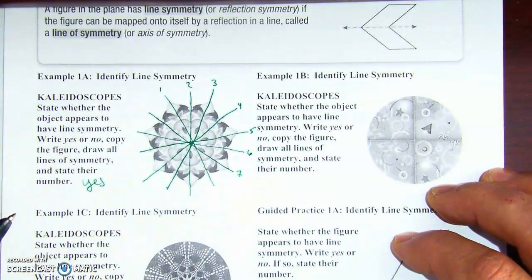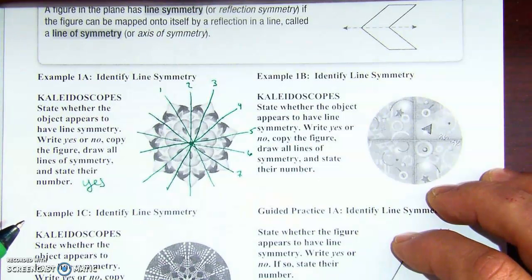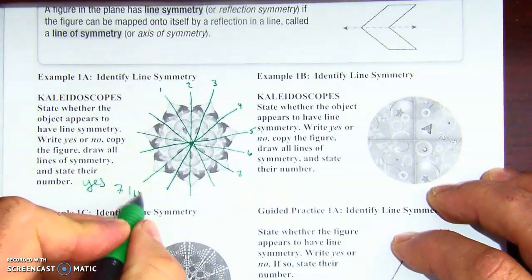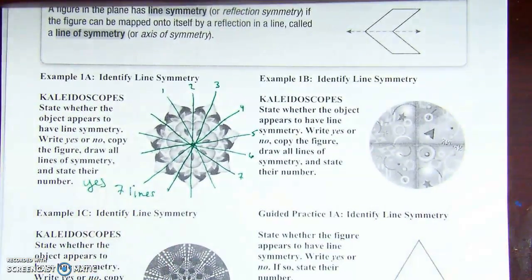I think I might have one missing here, or I might be good. Did I miss one somewhere? I think it's just 7, right? Unless you guys see one, but I think I'm good here with all of those, right? Okay, so we call this one 7 lines.